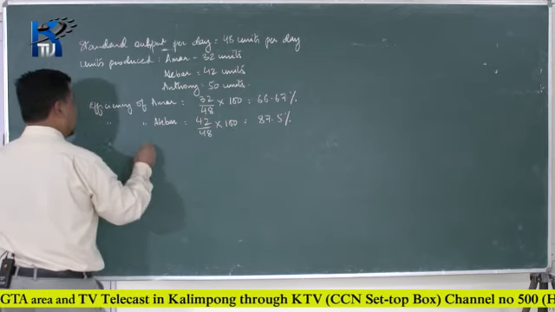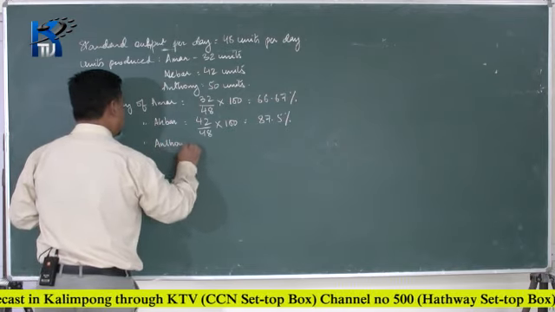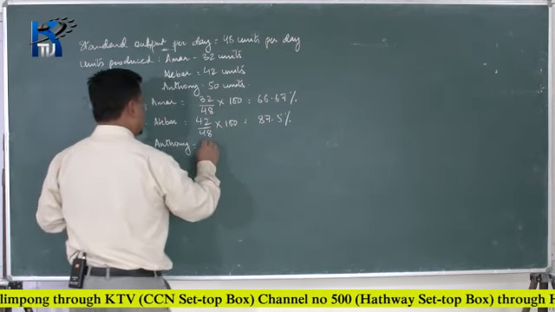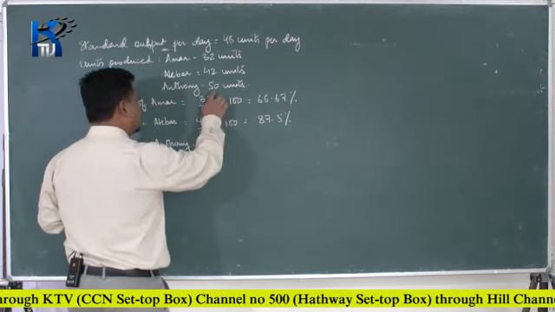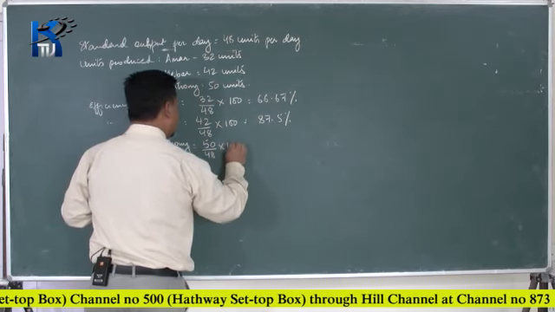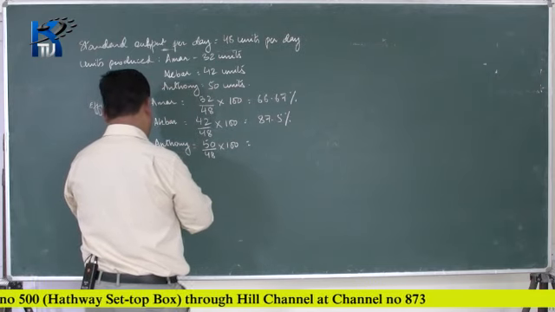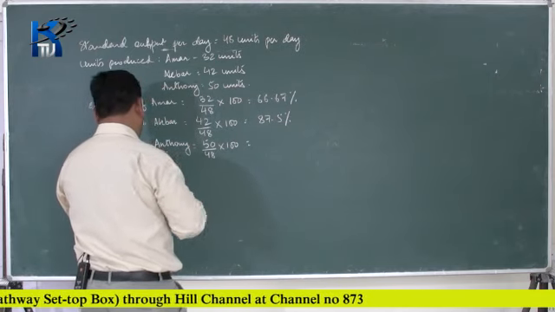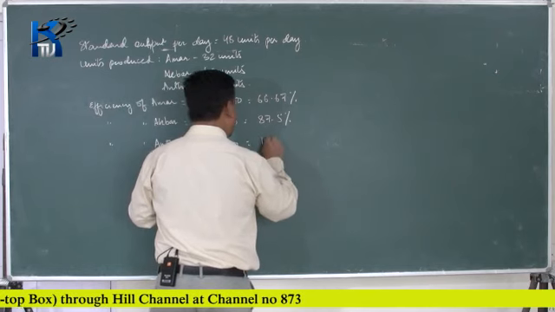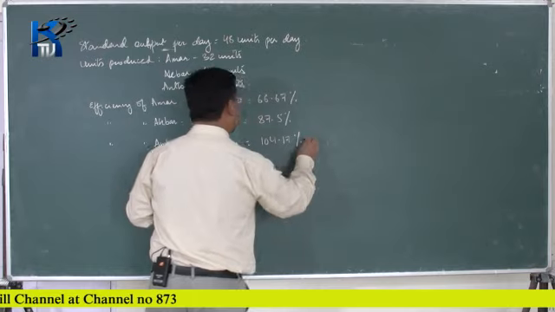Again, efficiency of Anthony: 50 units produced out of 48, into 100. 50 divided by 48 into 100 amounts to 104.17%.